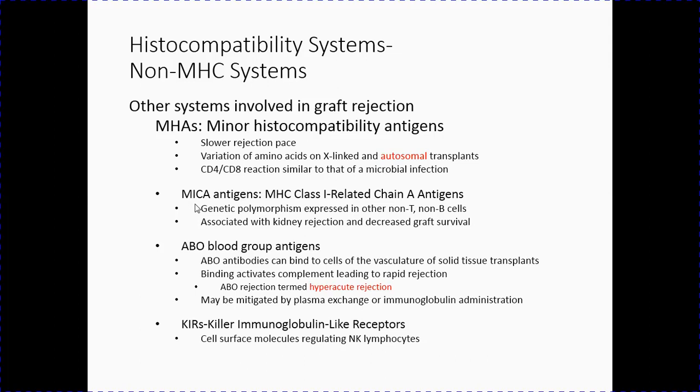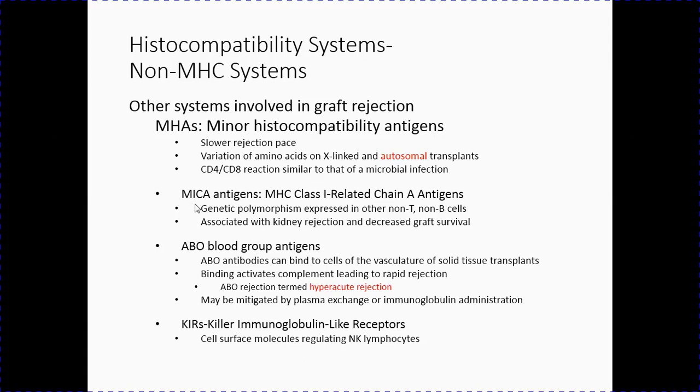The second non-MHC system that's involved in graft reactions are the ABO groups. We absolutely do ABO blood group typing when we are looking at transplants.